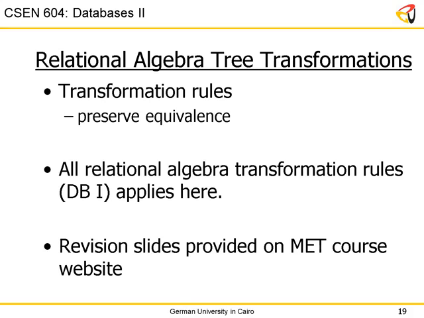I will put a handout on the MET website that's a refresher of what you can do to a relational algebra tree to transform it to another equivalent one that will produce the same result set, but is arranged differently. I expect you to have learned this material in Database 1. Although I don't necessarily ask questions in the exam directly about it, because this is Database 1 material, it is required for understanding and working with or generating different relational algebra trees as part of the optimization topic in this course. These revision slides will be available on the MET website.